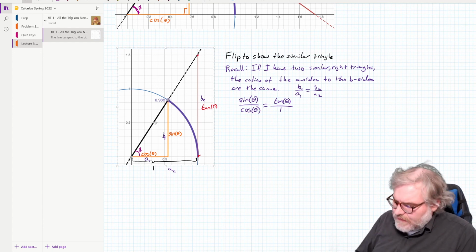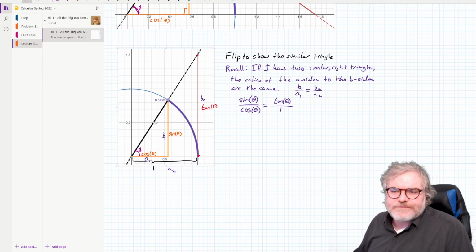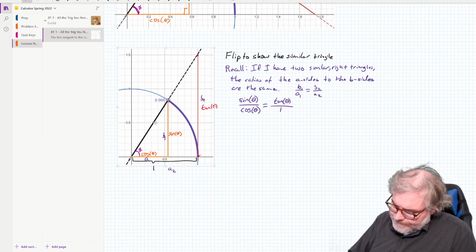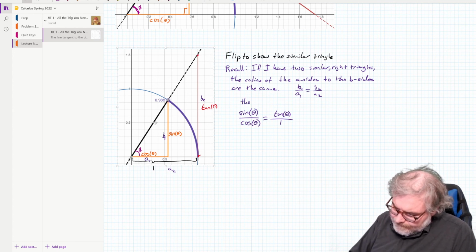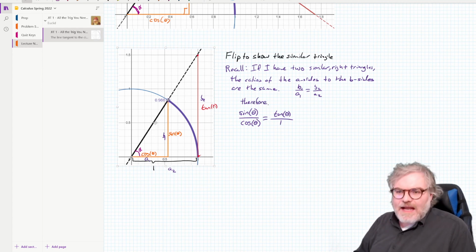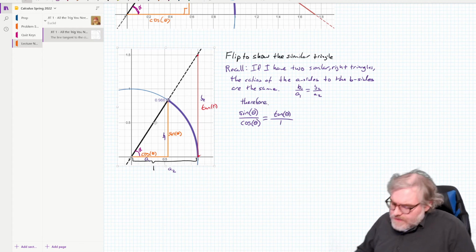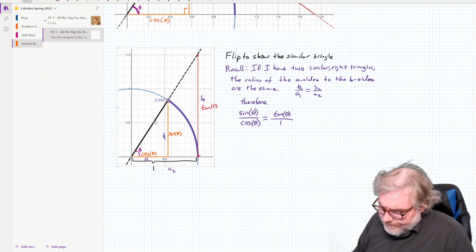So sine over cosine actually equals tangent over 1. And that's the proof.